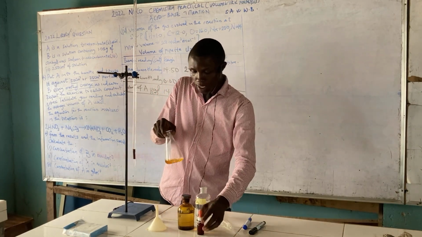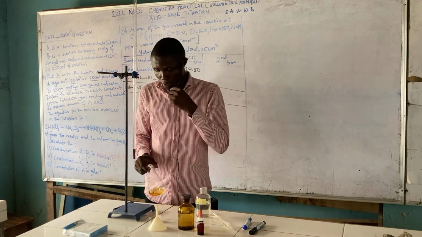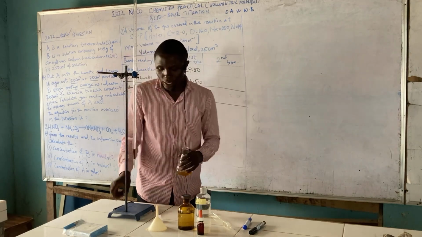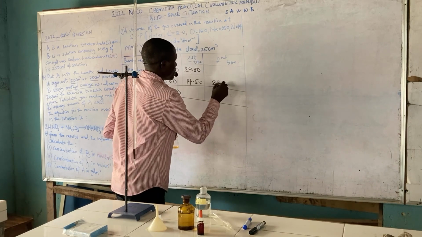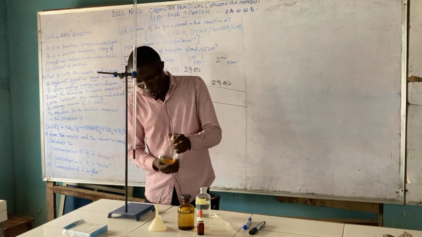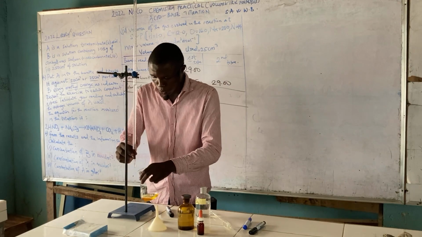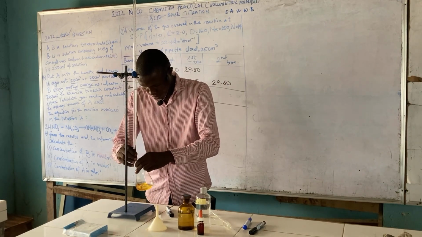So you have light yellow here. So from 29, initially we have about 29.00. Now let's run this one now.